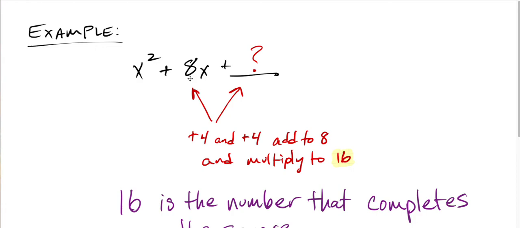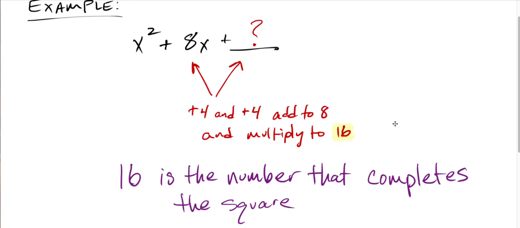So that's 4 and 4. Most of you will be able to figure these out pretty quick. If 4 and 4 are the two numbers, then those two numbers multiply to 16. So 16 would be the number you would put in place of the question mark. That would be the number that completes the square.